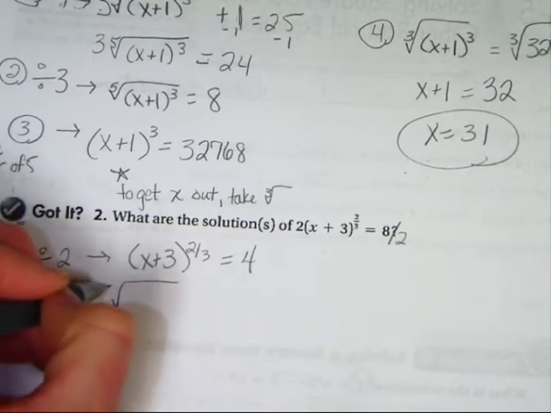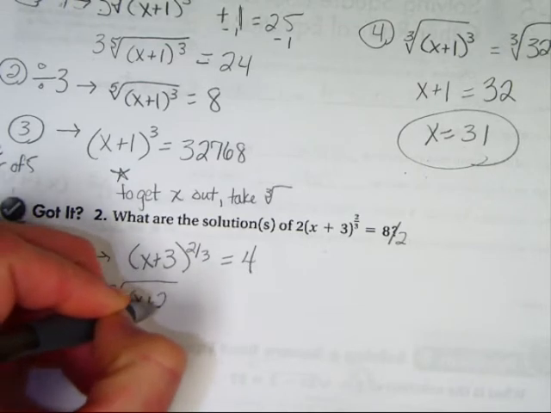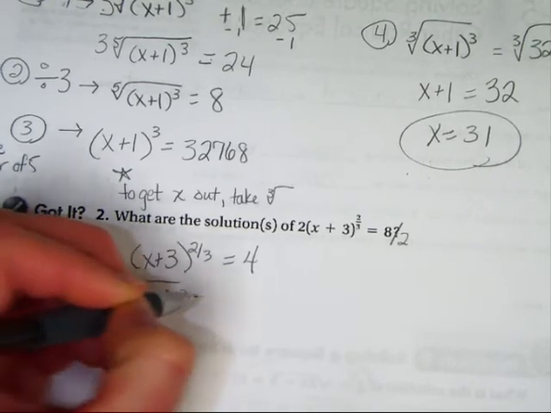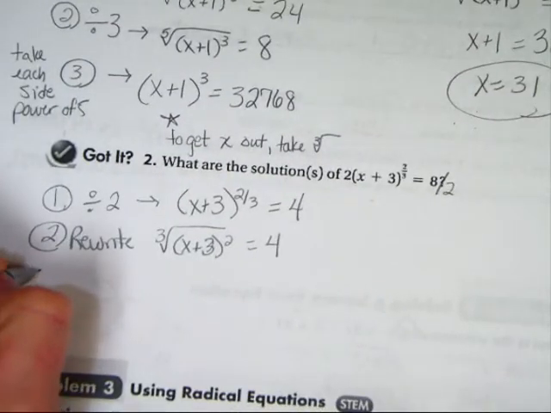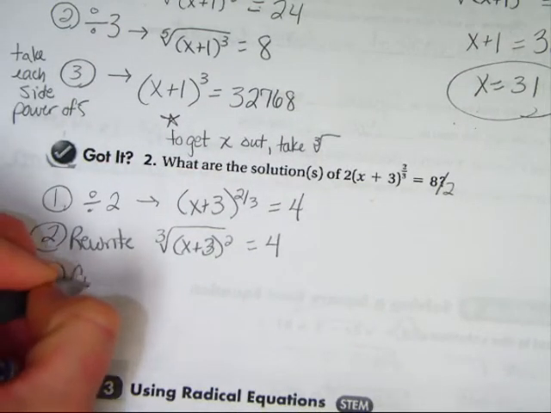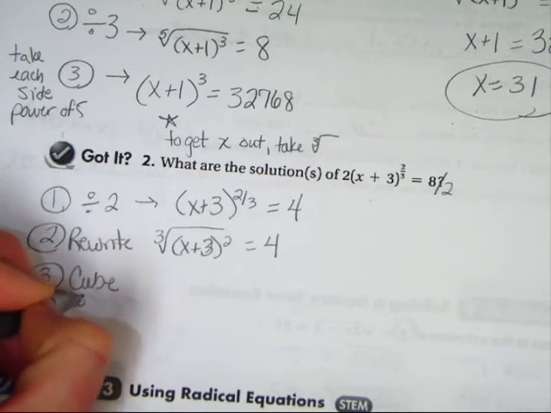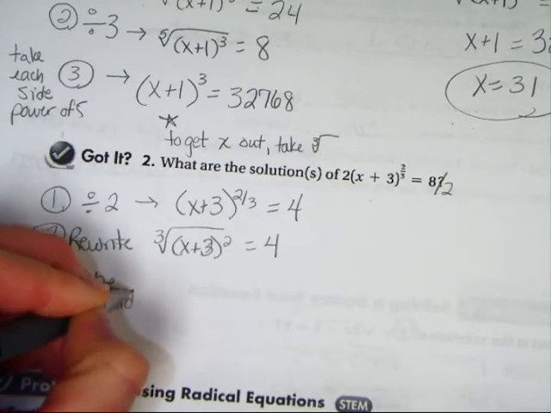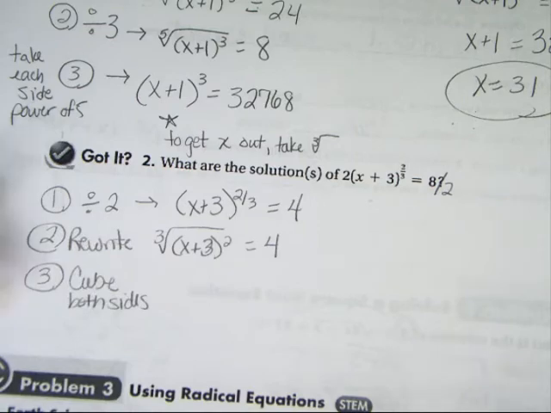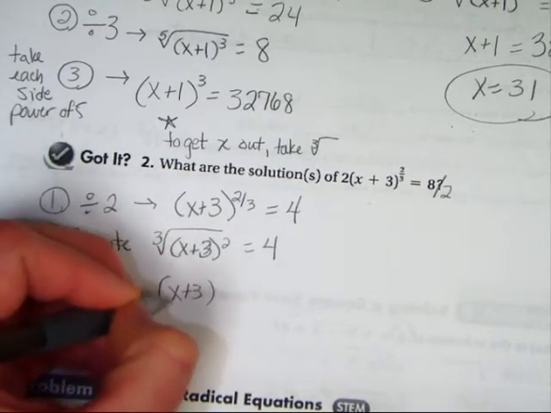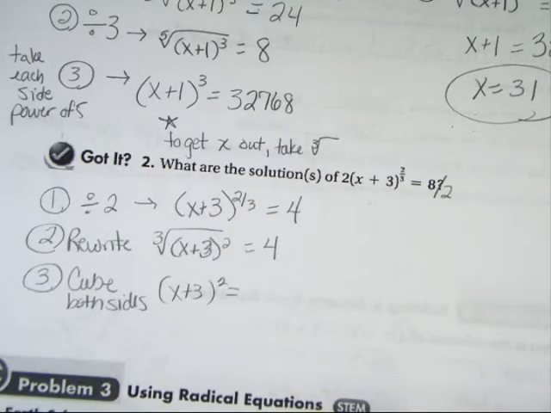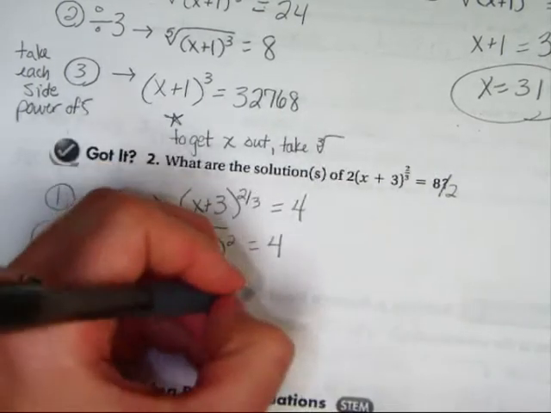So that's the cube root of x plus 3 squared. Step 3, cube both sides. Okay, that's going to get rid of this cube root here. So you get x plus 3 quantity squared equals 4 cubed, 64.